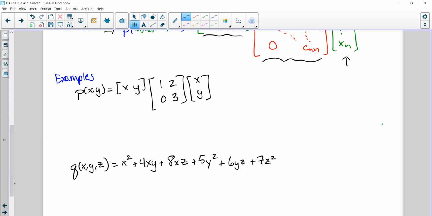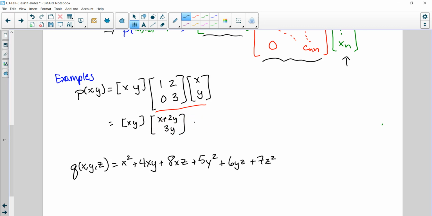If I have a matrix like this, I can do the matrix multiplication. I can do these last two first, and when I do that, I'm going to have xy times, and let's see, what do I get out of that? I believe I get x plus 2y, and then 3y.